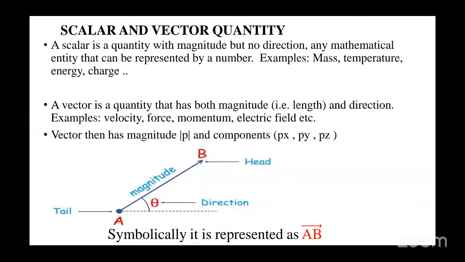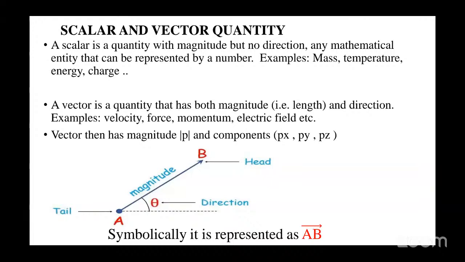The quantity can be described, or the physical property can be described by its size, its magnitude, but there is no direction. So examples of scalar quantities are mass, temperature, energy, charge, are all examples of scalar quantity.